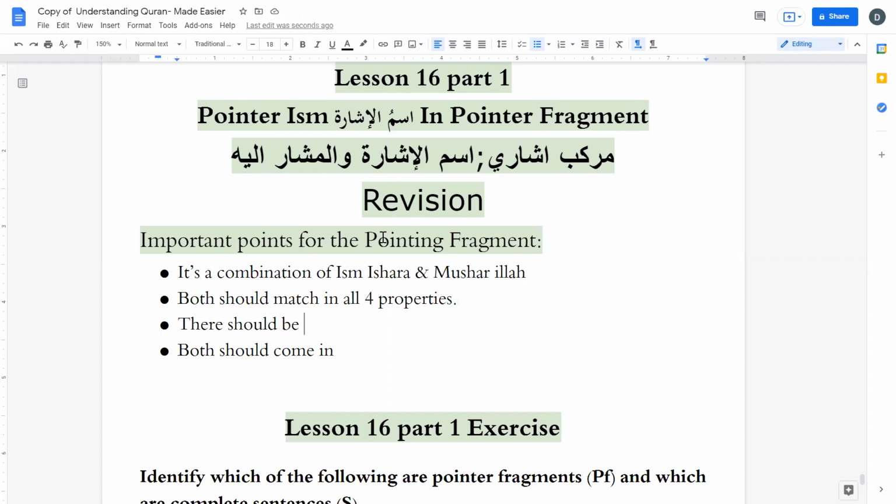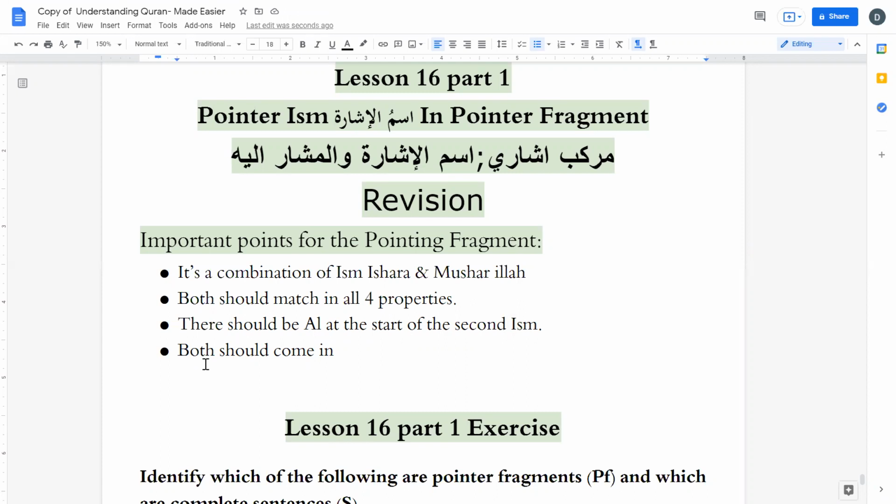There should be al at the start of the second ism, which is being pointed, right? So there should be al at the start of the second ism.